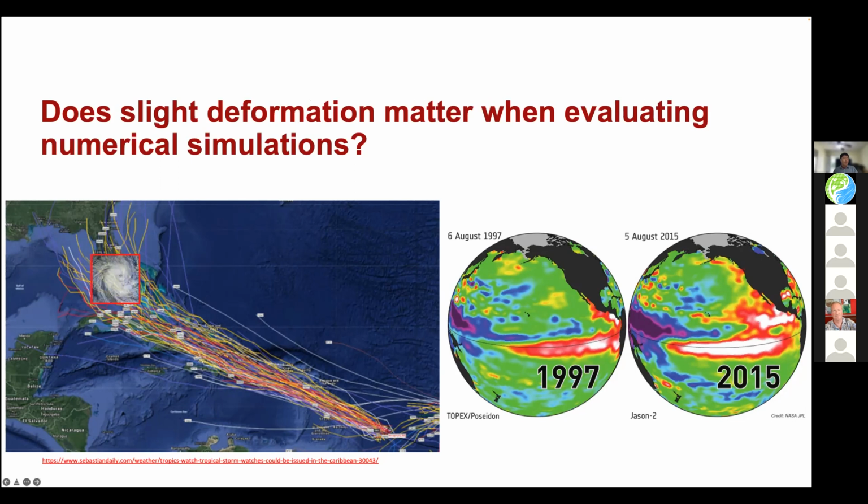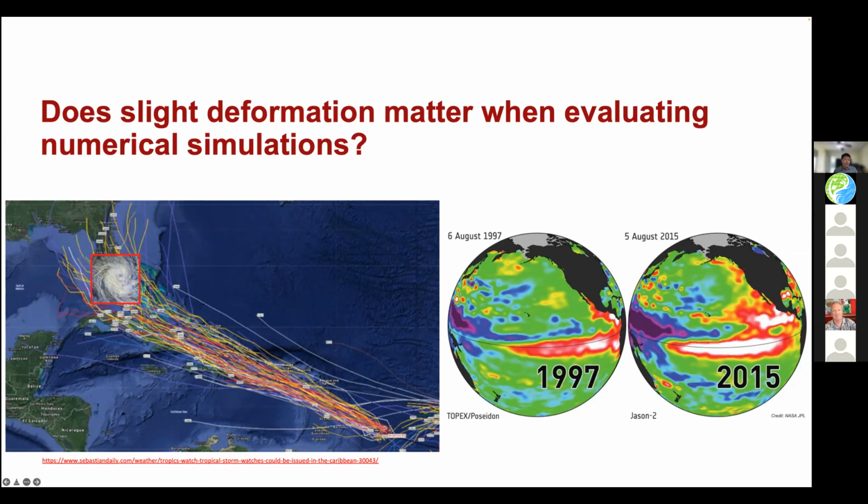Then, what about a slight deformation? Here, deformation includes stretching, shrinking, or rotation of a spatial pattern. And the answer is no for both the hurricane and El Nino cases.